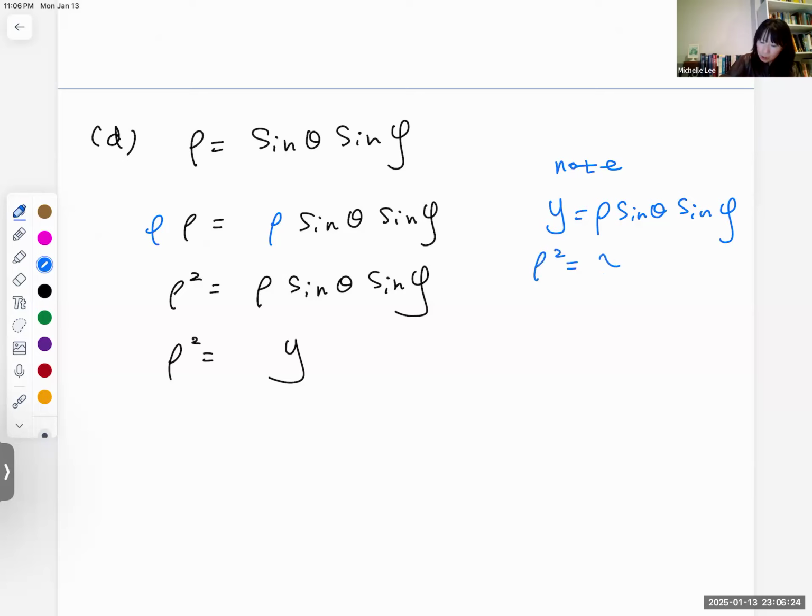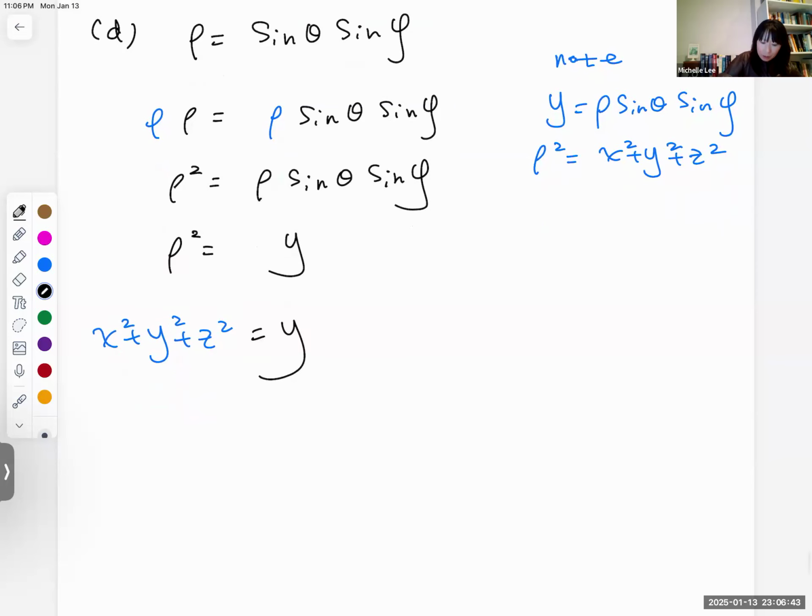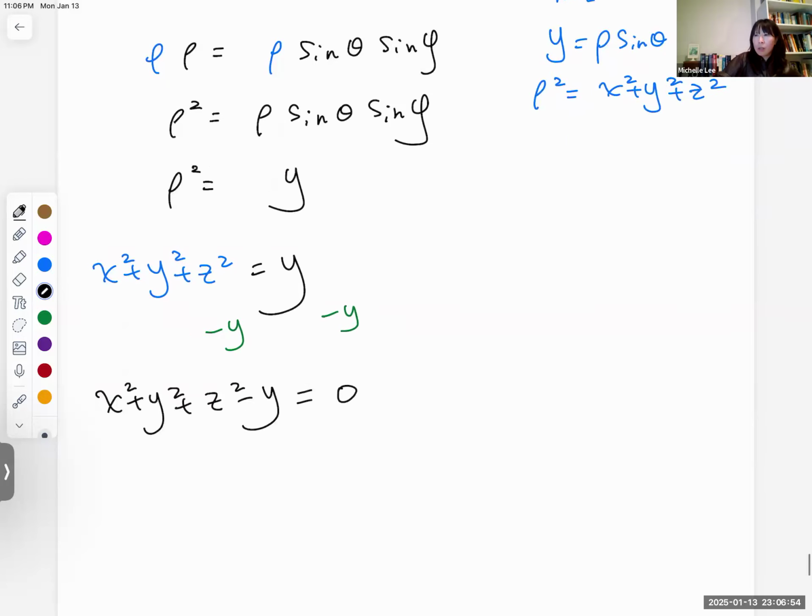Rho squared equal to x squared plus y squared plus z squared. We did earlier, right? So x squared plus y squared plus z squared equal to y. Okay, let's make one side 0. Then there will be minus y both sides. So we have x squared plus y squared plus z squared minus y equal to 0.